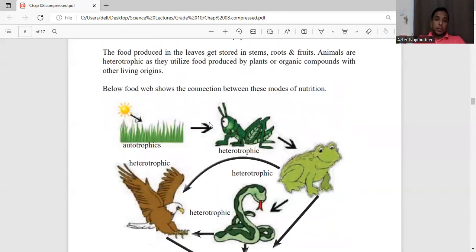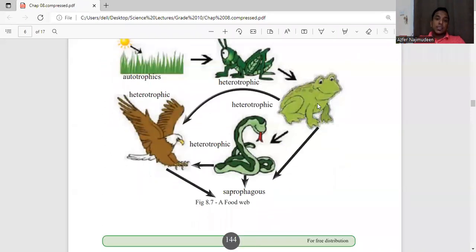Now you can see here, this is the plant. Using the sunlight, the plants produce their own food. And there is a grasshopper here. This grasshopper is depending on these green plants. This grasshopper is eaten by this heterotrophic frog, and this frog is eaten by the snake, and the snake is eaten by this eagle.